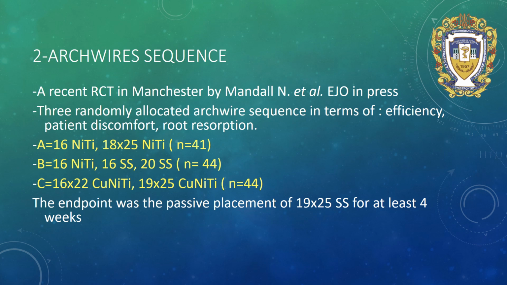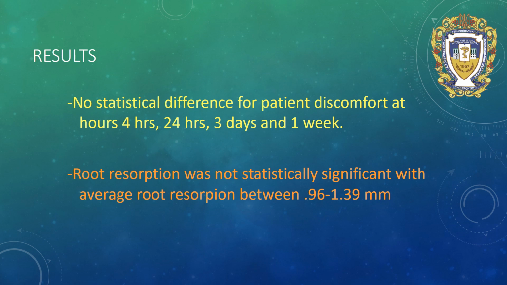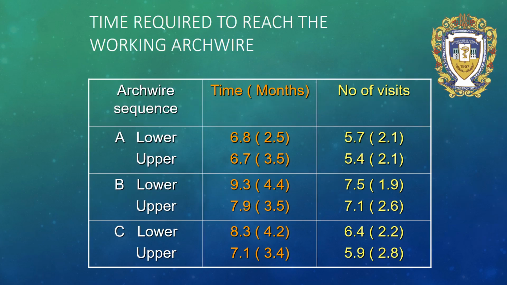The endpoint was the passive placement of 19 by 25 stainless steel for at least 4 weeks. Results of this trial: no statistical difference for patient discomfort at hours 4, 24, 3 days and 1 week. Root resorption was not statistically significant, with average root resorption between 0.96 and 1.39 millimeters.